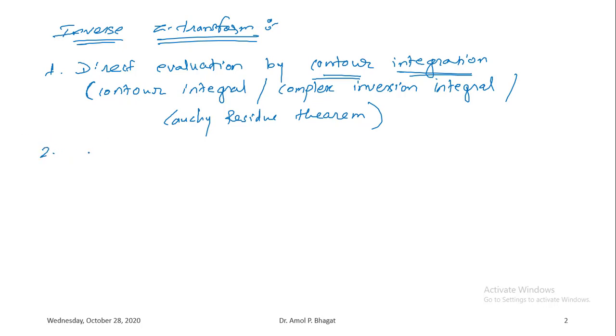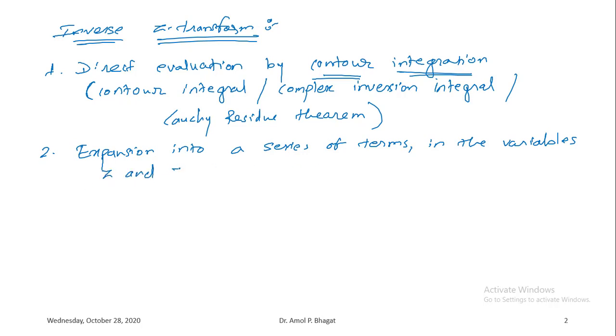The second method that we will be discussing is expansion into a series of terms in the variables Z and Z inverse, that is, positive powers of Z and negative powers of Z. This expansion into series of terms method is also referred to as power series expansion or long division method.